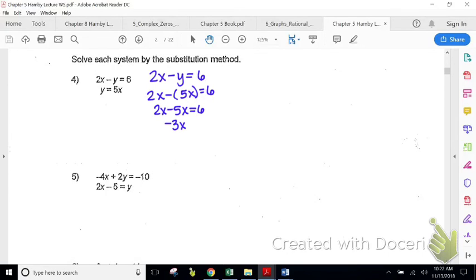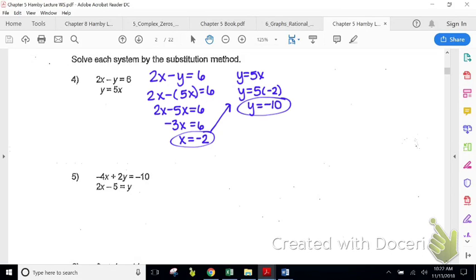So negative 3x equals 6. So what is x? Negative 2. And once you know the x value, what do you do? Plug it in. But I already know, remember, that y is equal to 5x. So I'm going to plug that negative 2 in. So y is equal to 5 times negative 2, which means y equals negative 10.